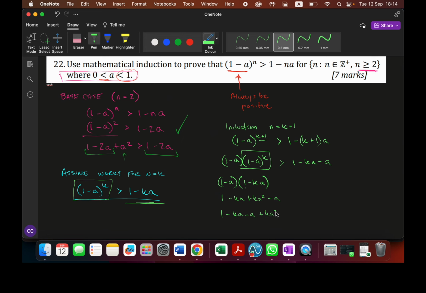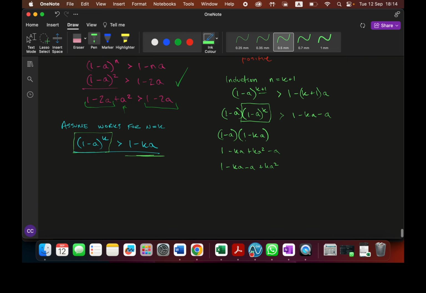plus ka^2. If I rewrite that, I could factor out an a there, and I get 1 minus a(k - 1). Actually, why don't I factor out a negative a. And if I do that, I get negative a coming out, and I get plus 1 plus ka^2.